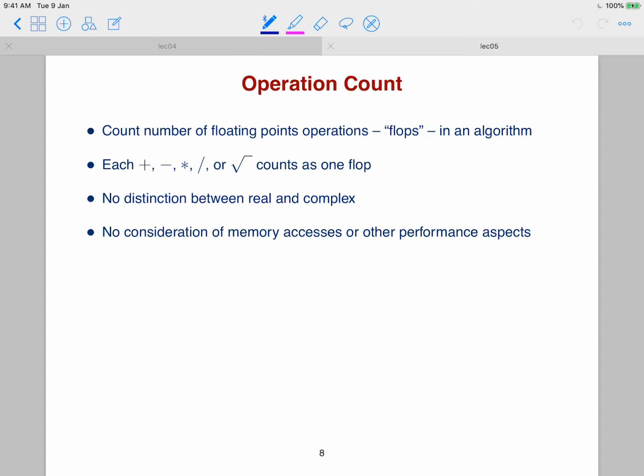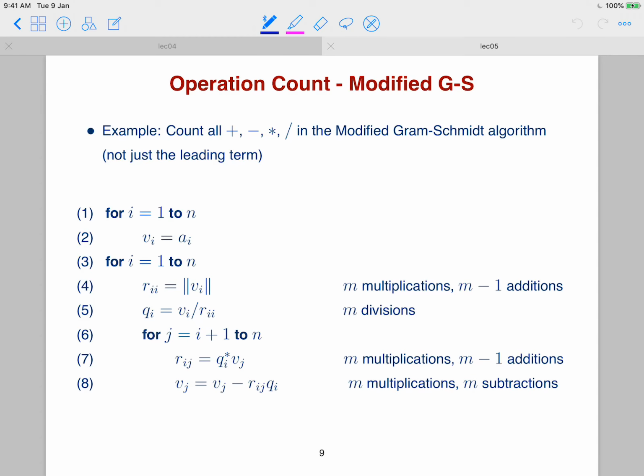Okay, so you guys know how to compute the number of flops, right? The number of flops is the total number of summations, subtractions, divisions, and multiplications.